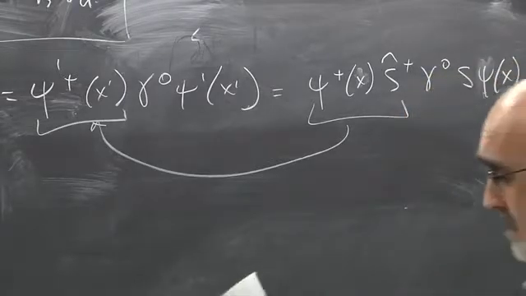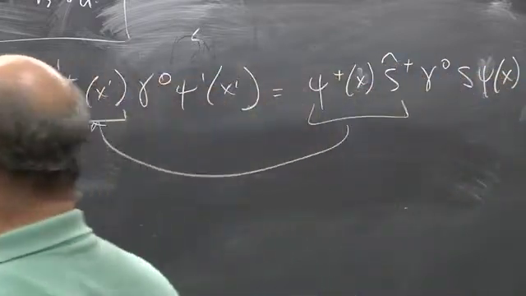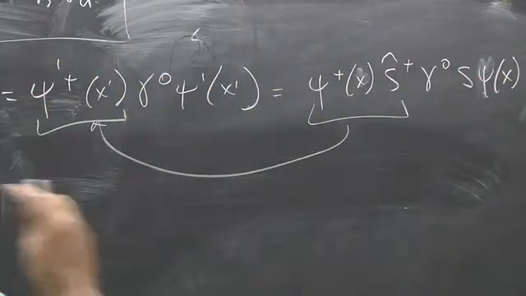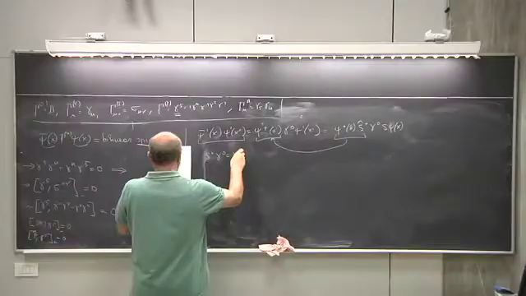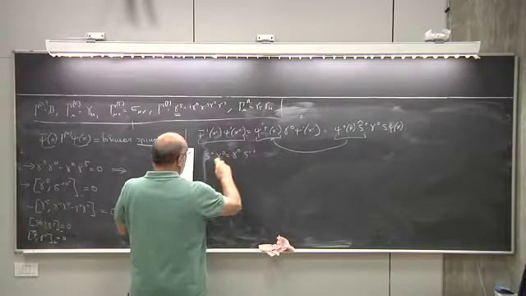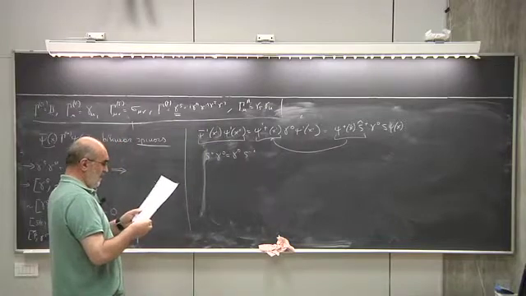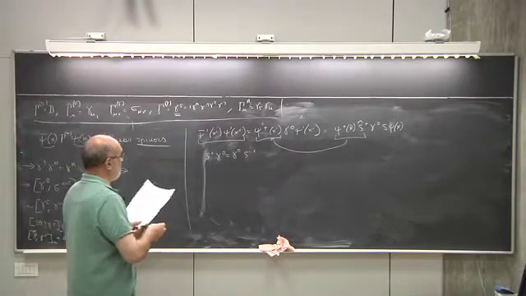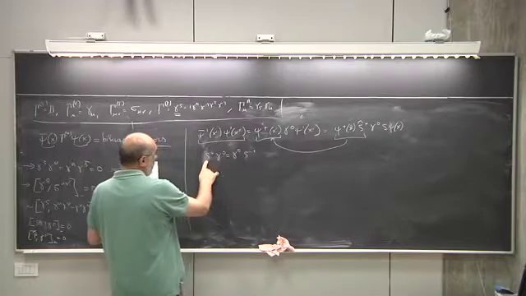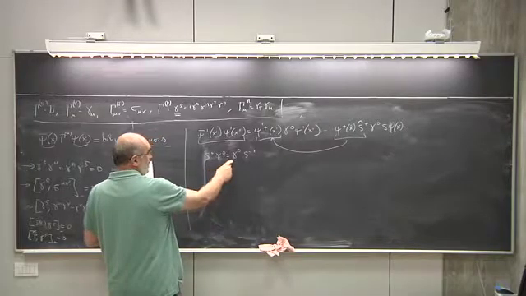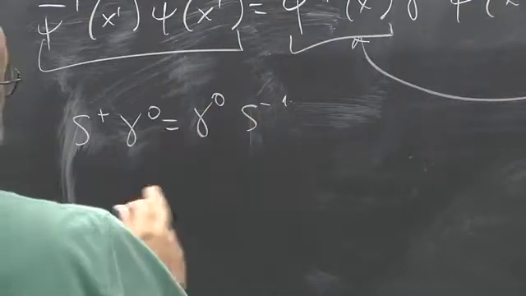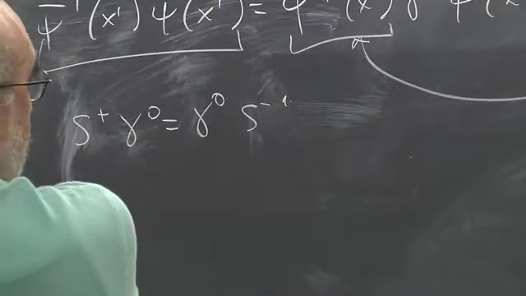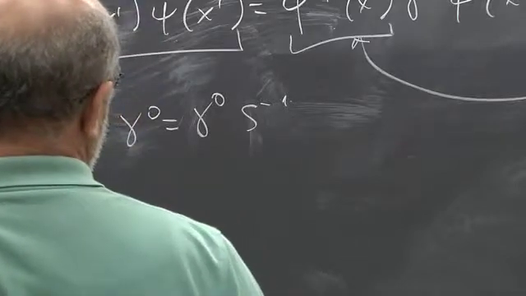Now we proved, I think yesterday or even before, the following: that S dagger gamma 0 is equal to gamma 0 S to the minus 1. Eventually we will reprove this, if you don't remember, that when the S dagger goes across the gamma 0, it becomes the inverse.